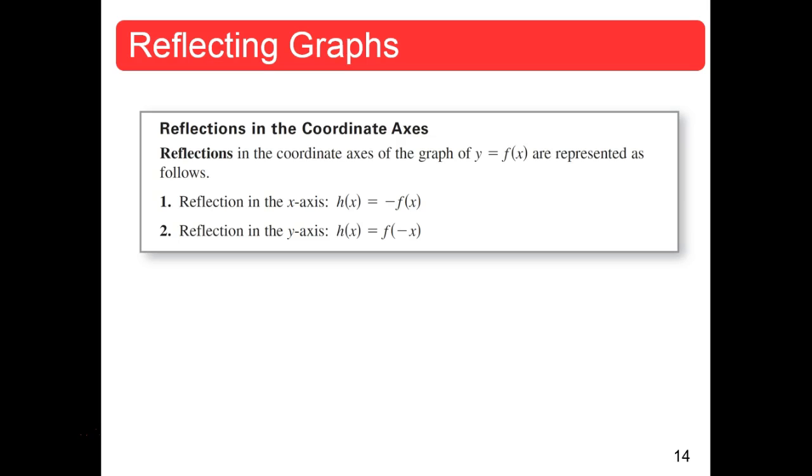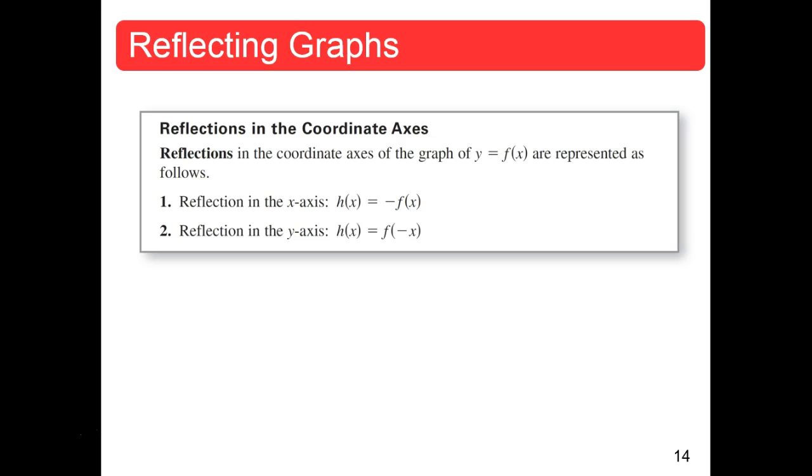Now, they didn't show you an example of the y, but here's what it will be. The reflections in the coordinate axes are, if your parent function is y equals f of x, then the reflection across the x-axis negates the f of x. Whatever was up here goes down, whatever was down here goes up. Negates it all, okay?